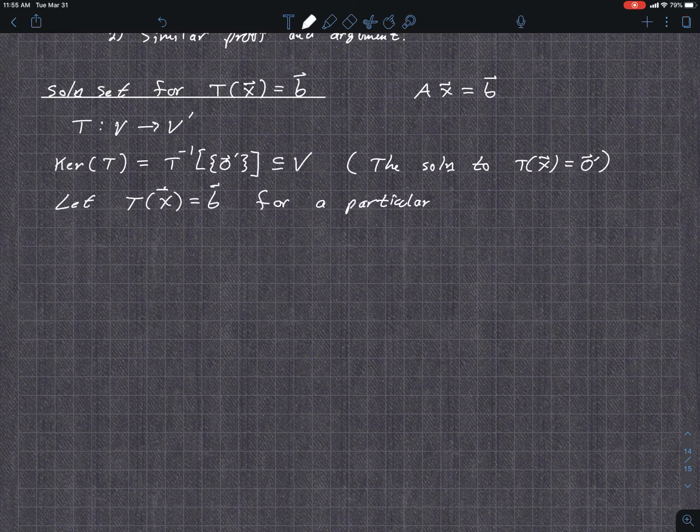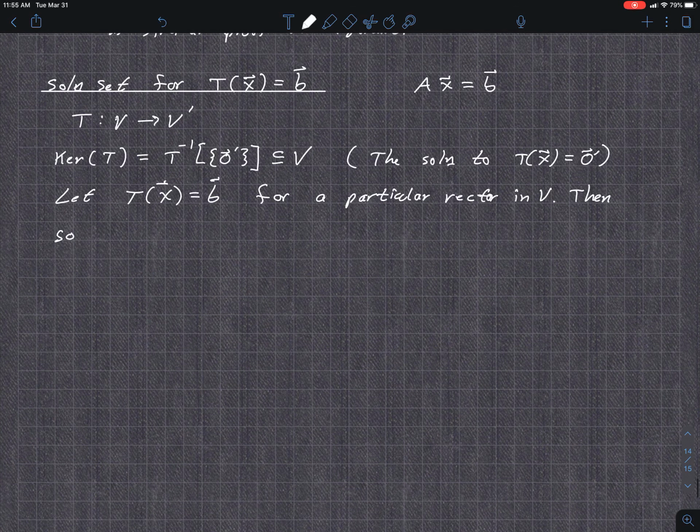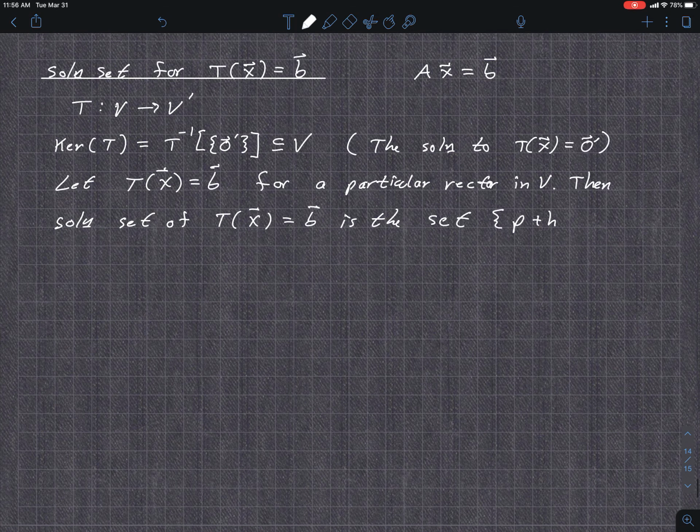And that's true for a particular vector in V. Then the solution set of T of x equal to b is the set, and this should look familiar, it's the particular solution p plus h, which is the homogeneous solution.